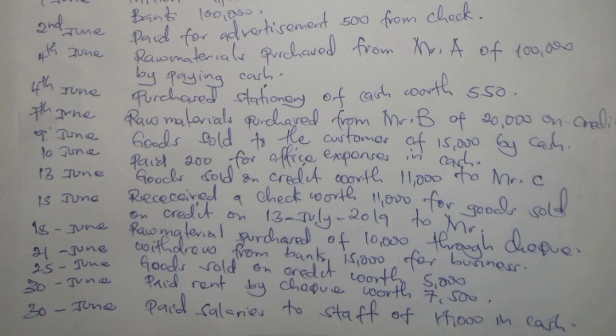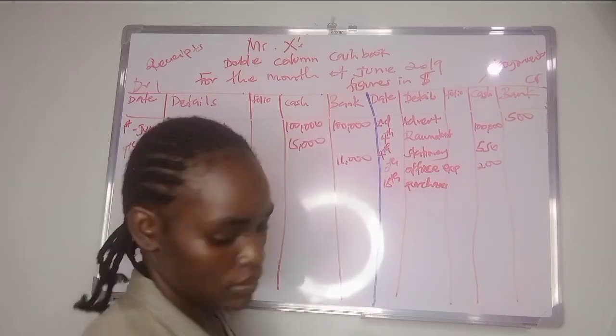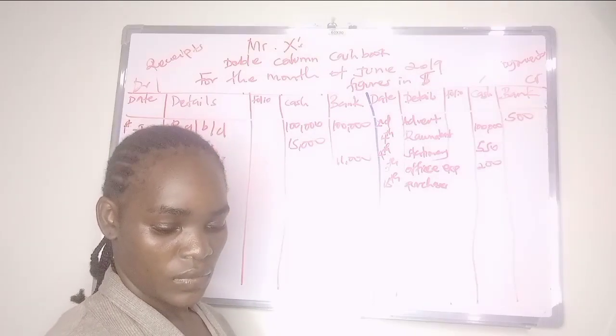Then another transaction is on 18th, raw materials purchased of 10,000 through check. So that was a purchase. Purchases are payments. So on 18th, purchases through check.